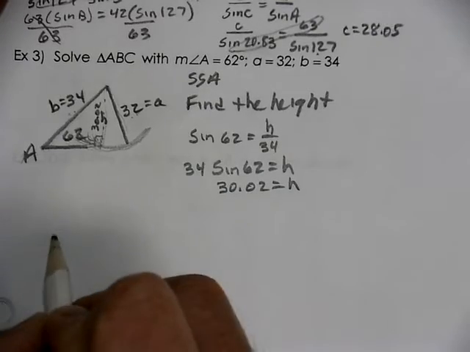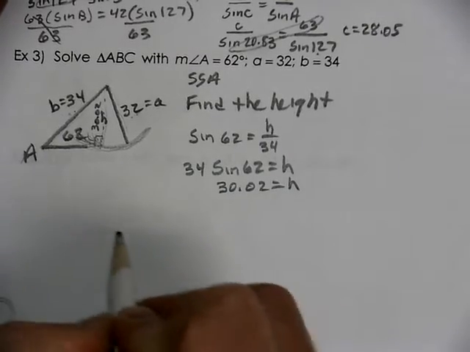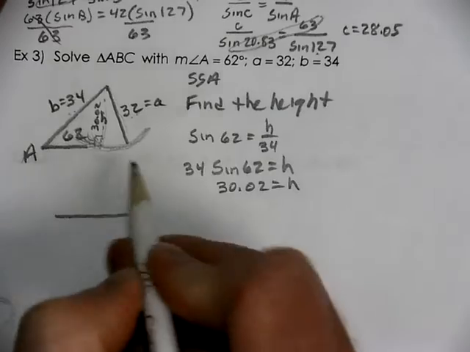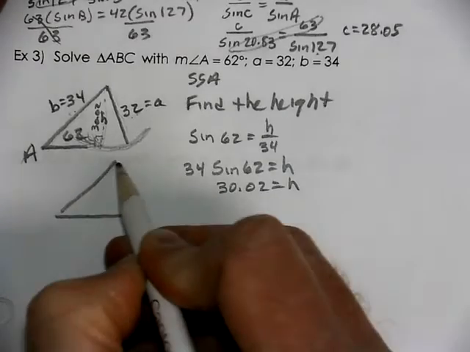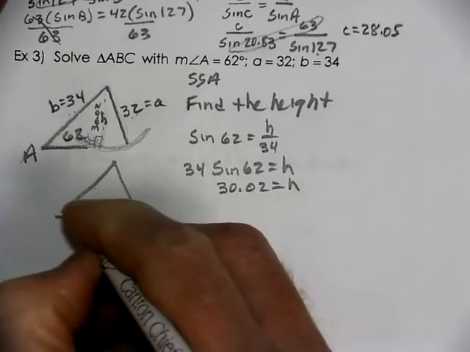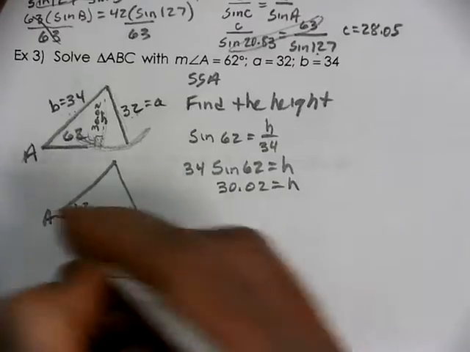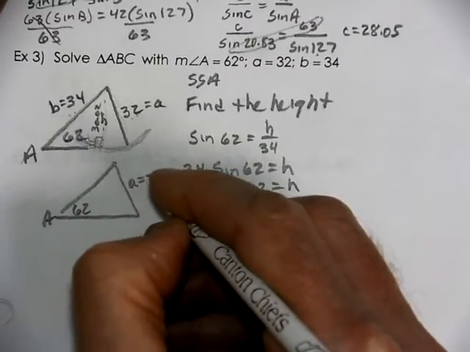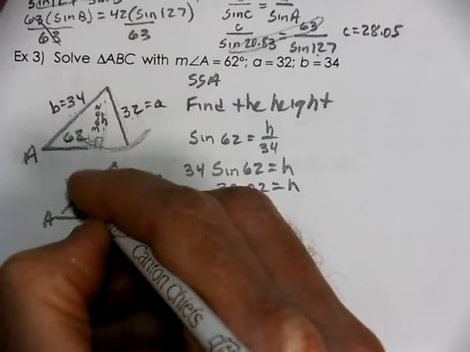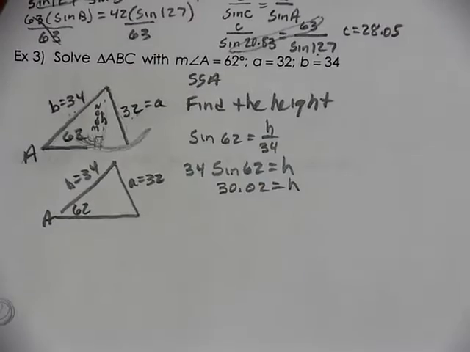So we're going to have a triangle that looks just like the one we've drawn, with a 62, a side A of 32, and a side B of 34.